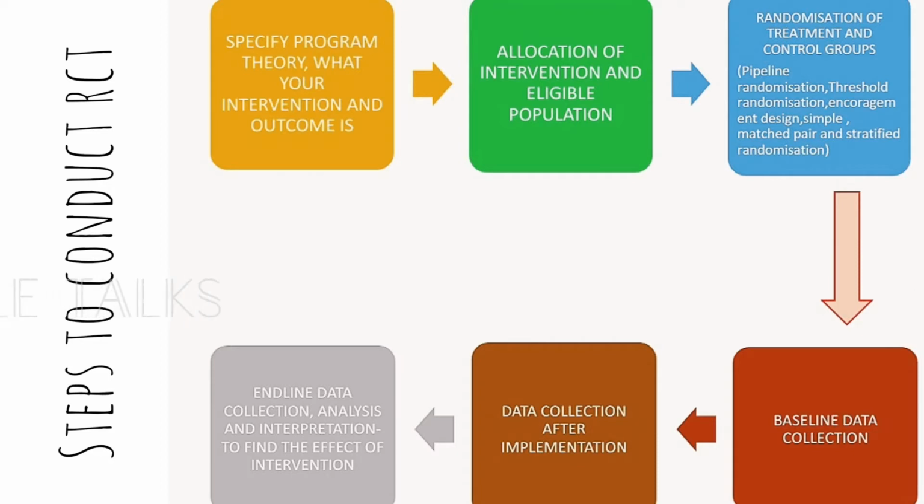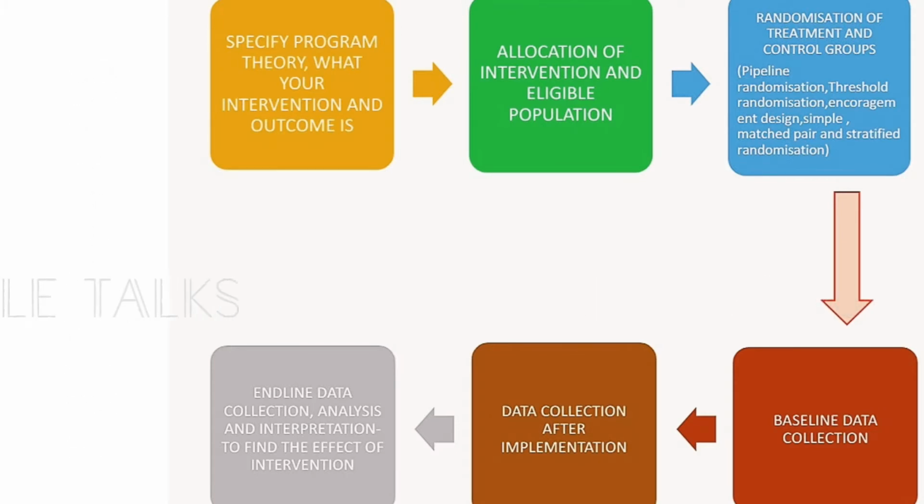Then the eligible population will be randomly selected to the control and the treatment group, for which we can use different types of randomization. So here we will discuss a few types of randomization, such as pipeline randomization, threshold randomization, encouragement design, simple randomization, matched pair, and stratified randomization.